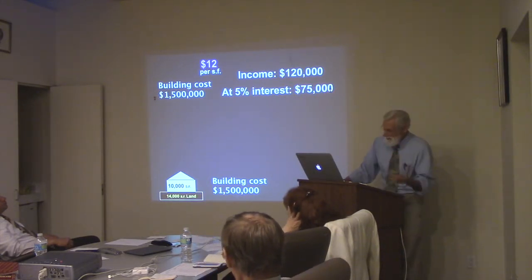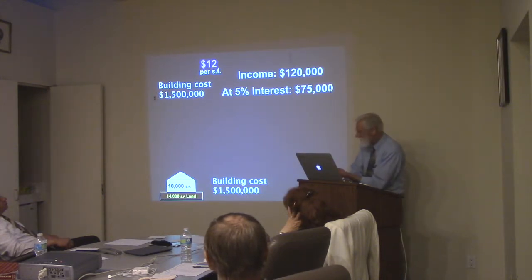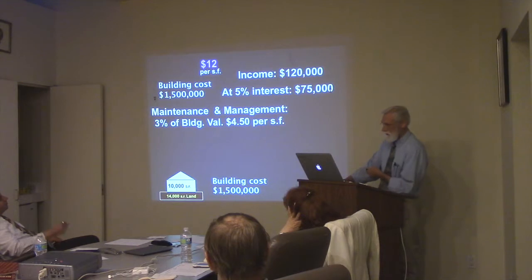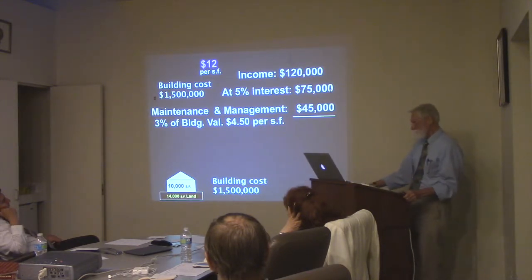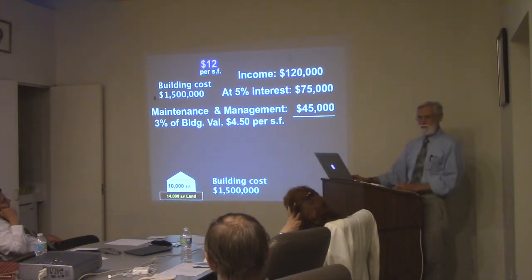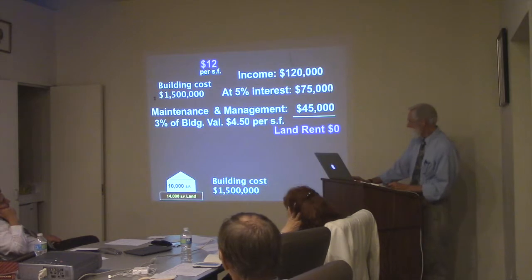Now I'm going to have to maintain this building so we don't lose the investment. If the maintenance and management were 3% of the building, that'd be $4.50 a square foot, or $45,000. And what's left? The difference. Zero. Land rent, right?